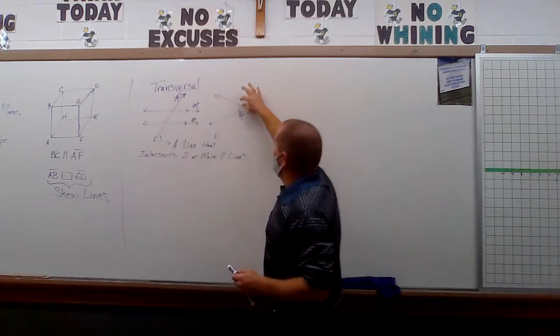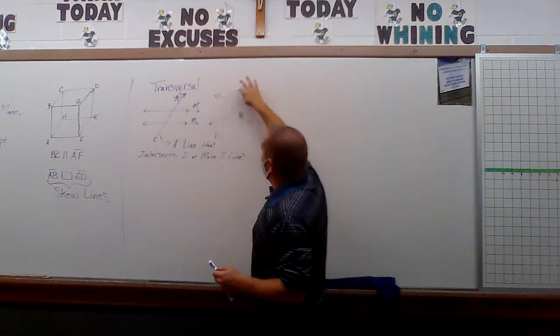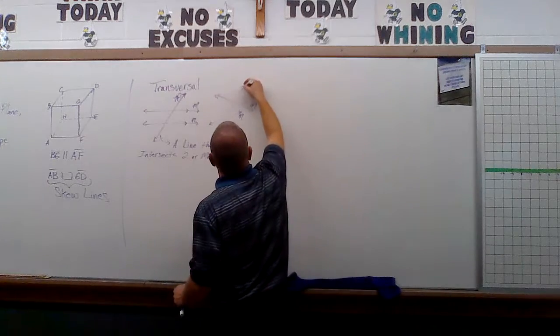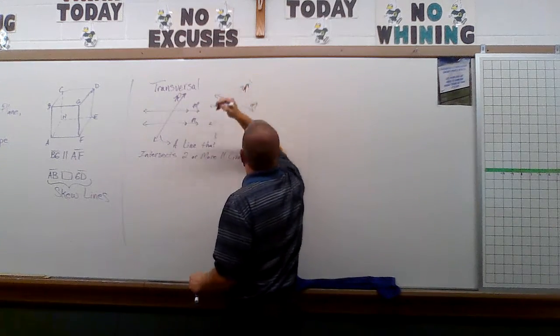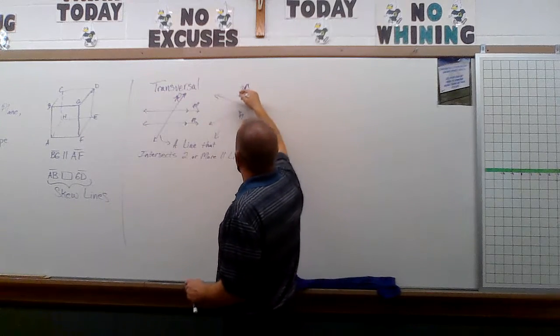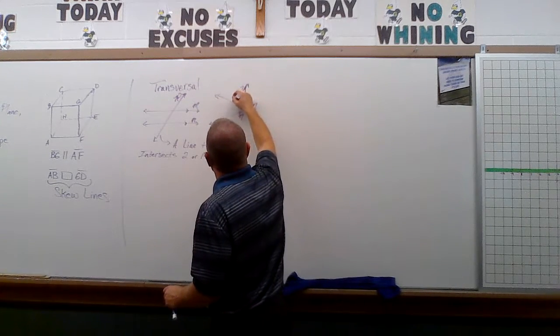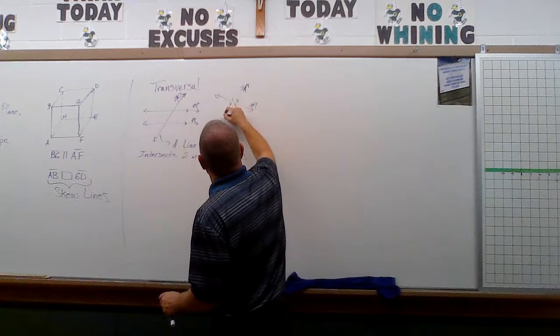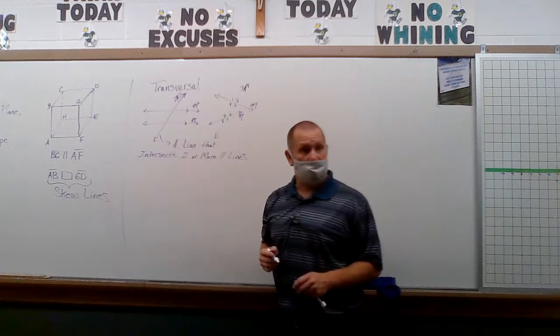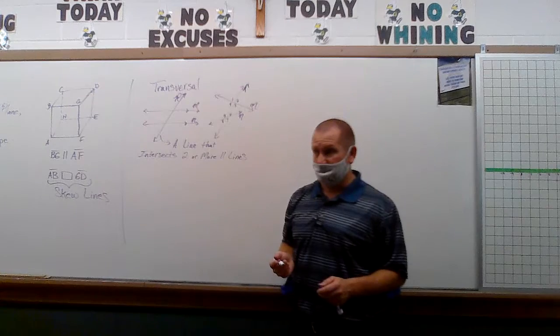If you would look at where my transversal, again, if I call this R, do you recognize that when that transversal went over that line, these angles were made? Everybody see those angles?